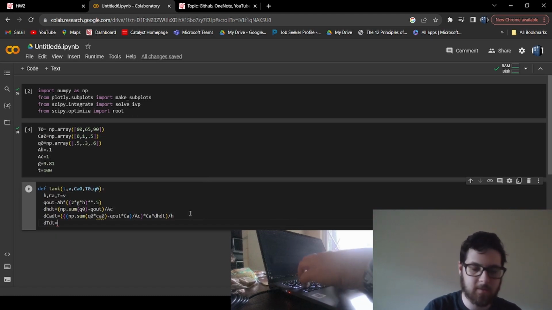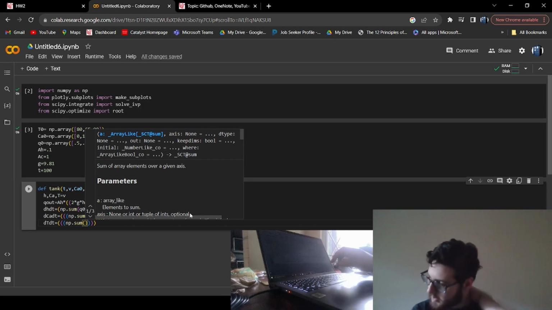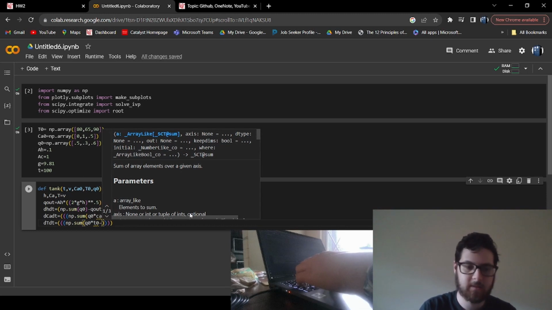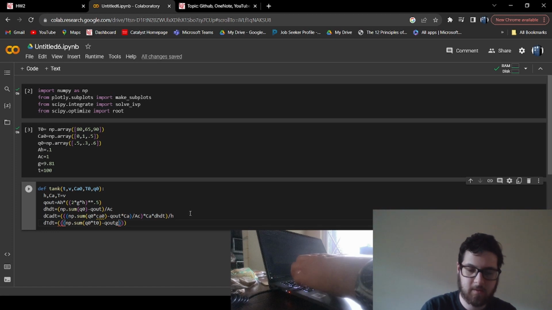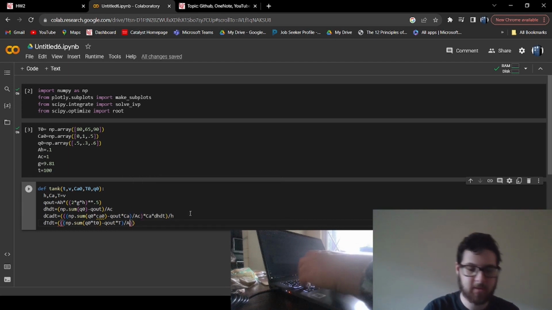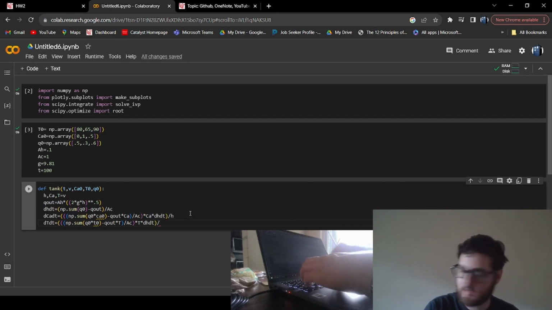Alright, so then dT dt is going to be equal to the sum of, I think it's Q0 times T0 minus, nope, the minus is out of here, Q out times T, divided by the cross-sectional area, and then times T dH dt, and then divided by the height.